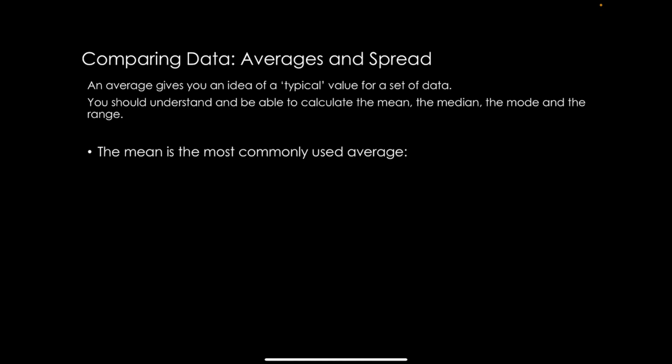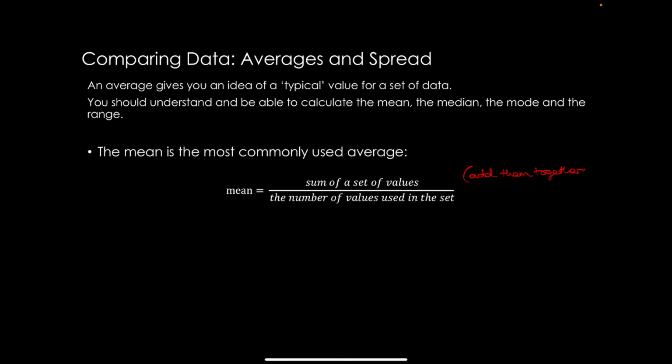Now then, the mean is the most commonly used average, okay? We use this one all the time. In your exam, if you get asked for the average, work out the mean. To work out the mean, you find the sum of a set of values, which means you add them all together, and then you divide that by the number of values used in the set.